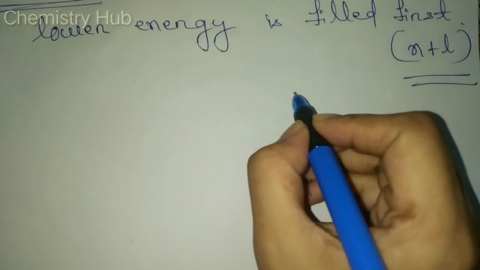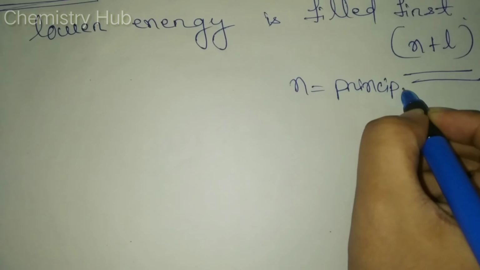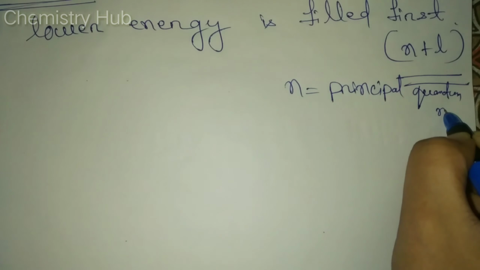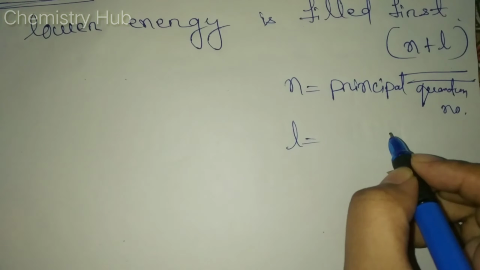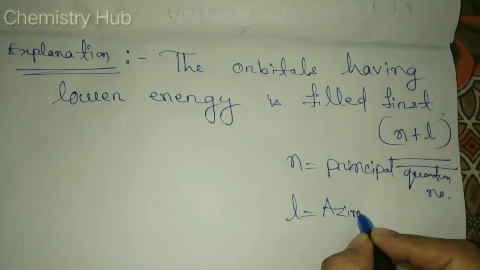Here n is equal to the principal quantum number and l is equal to the azimuthal quantum number.